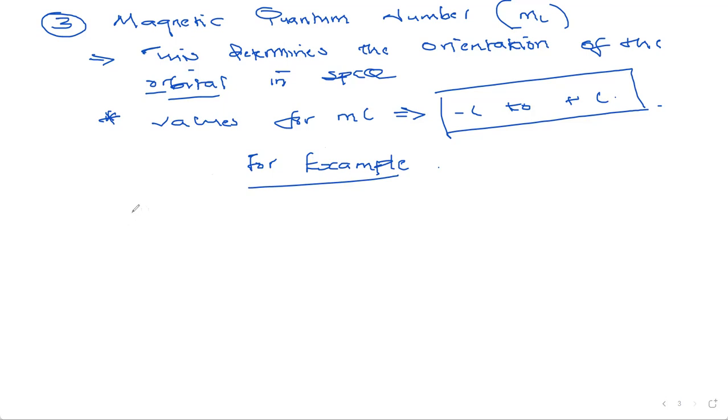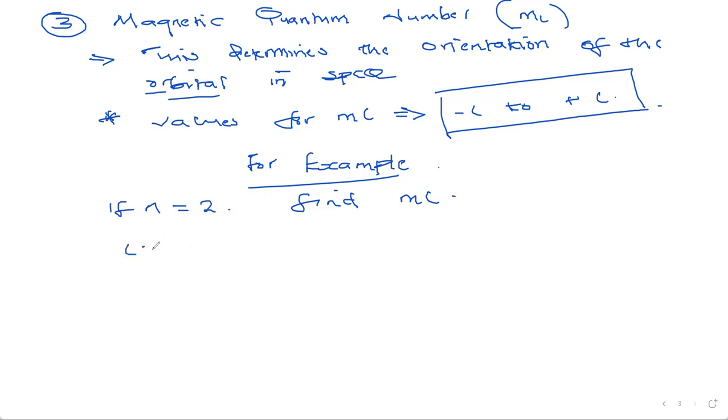First thing, you need to understand that for you to get L, you should have n. For example, if n is equal to 2, find ml of this. First of all, what we have is n equal to 2.